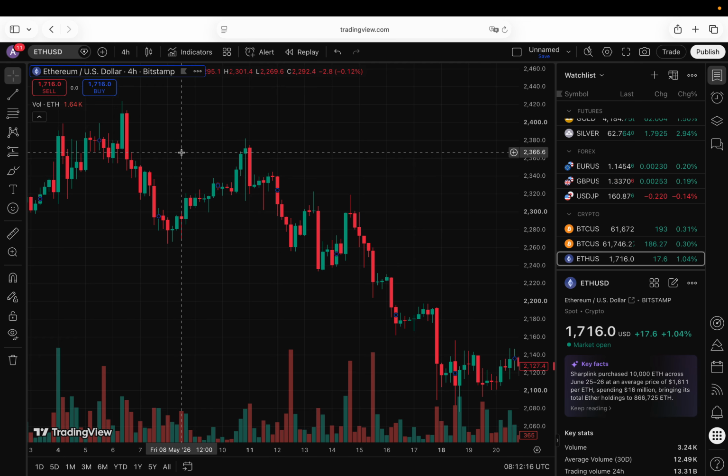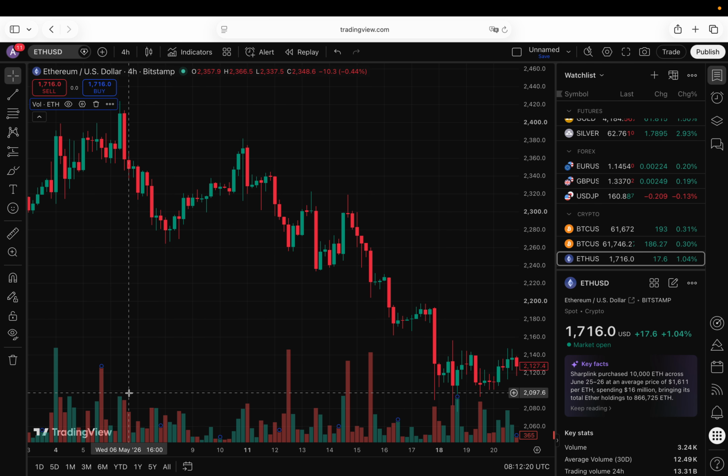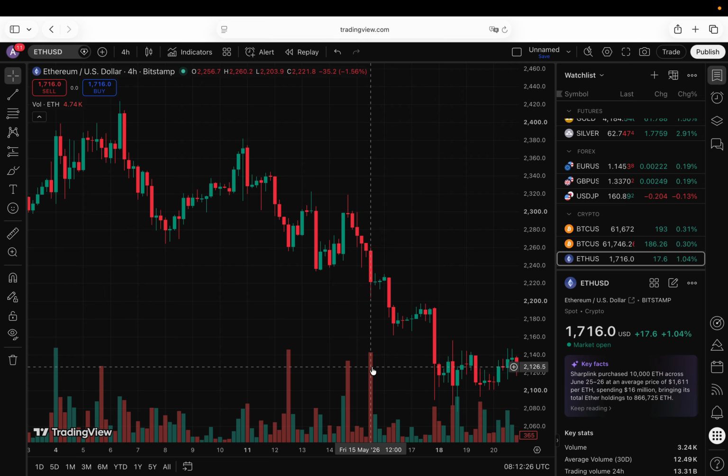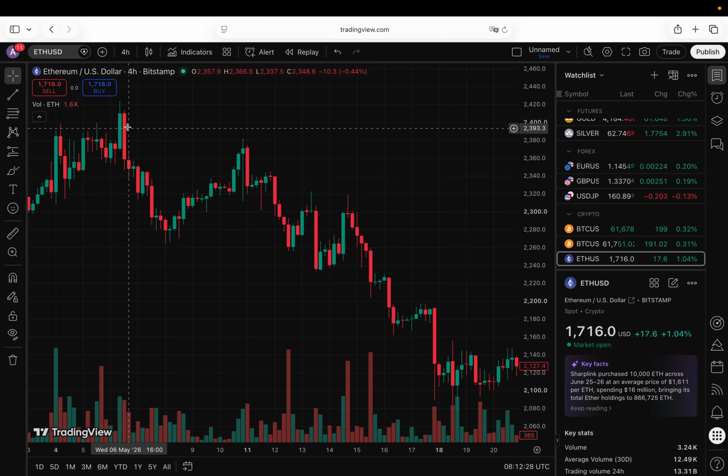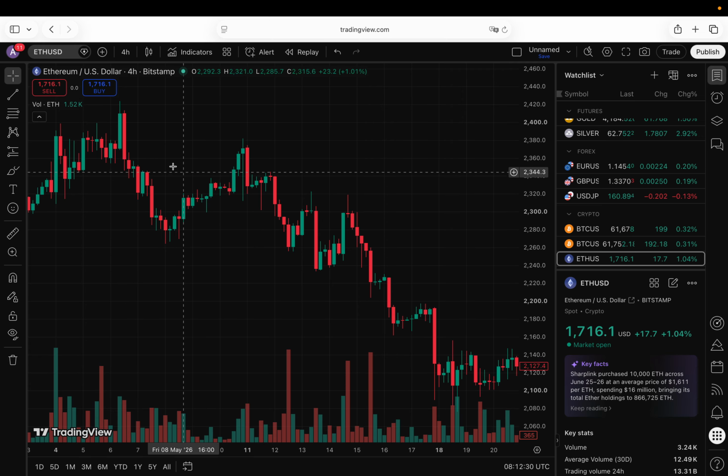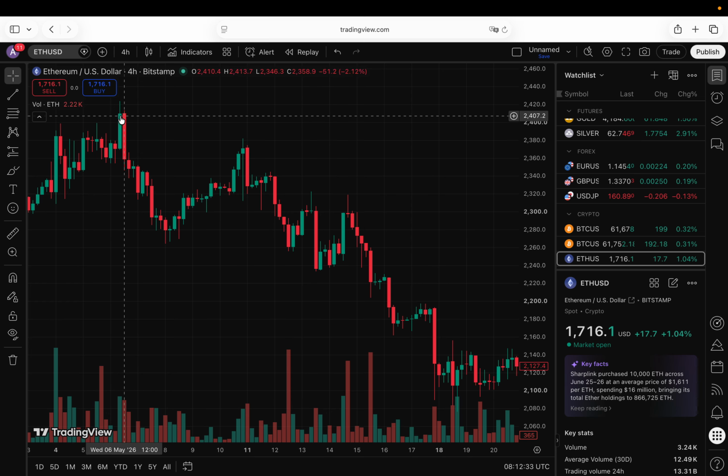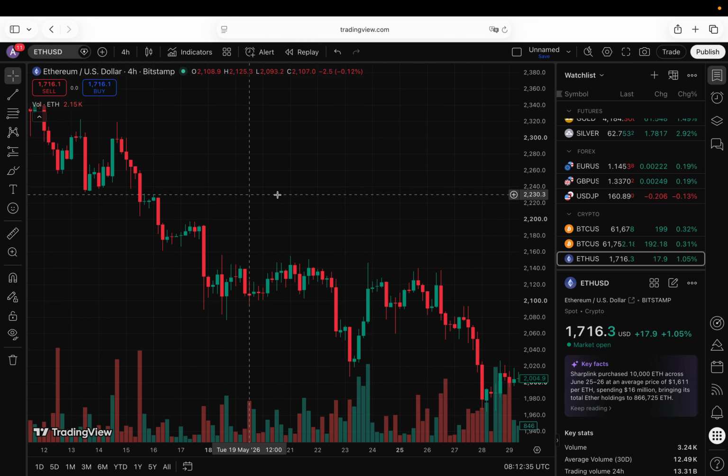And note how you see large selling candles after some period of time. Here you see a large selling candle, here another, here you also see a large selling candle, and price enters a bearish downtrend basically, okay?